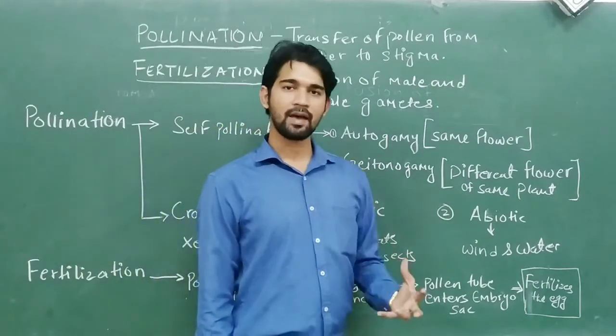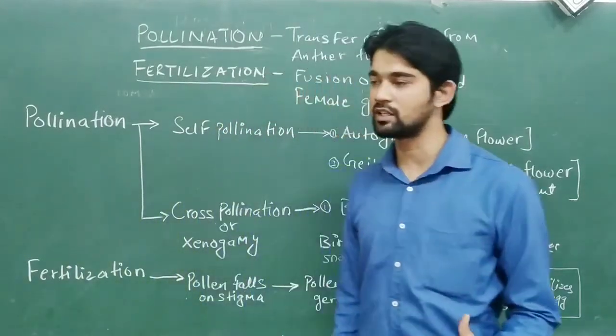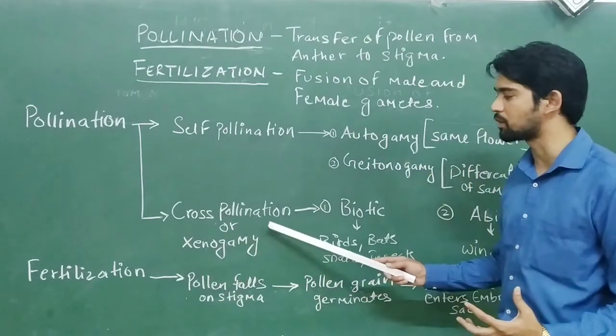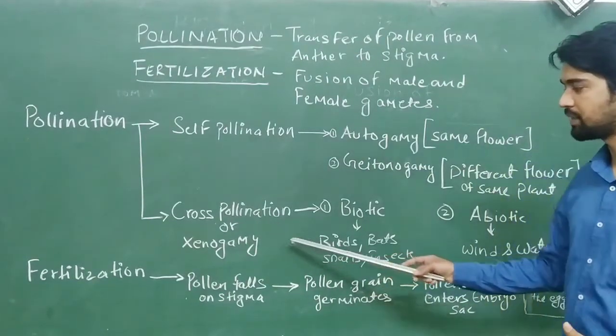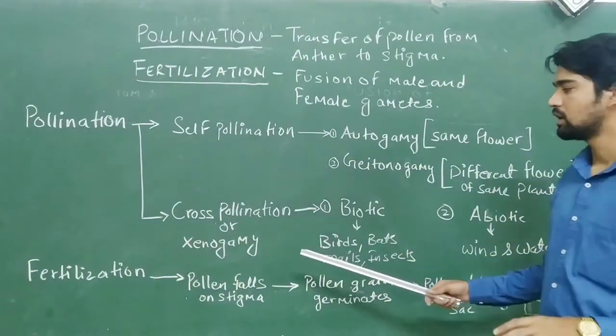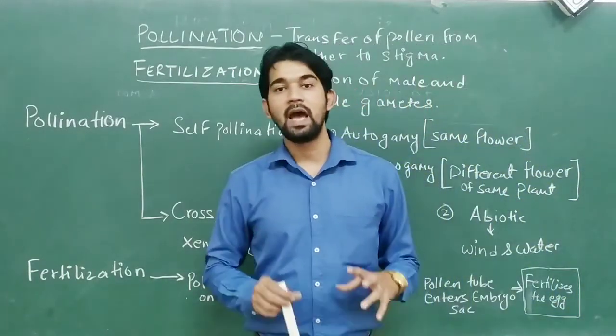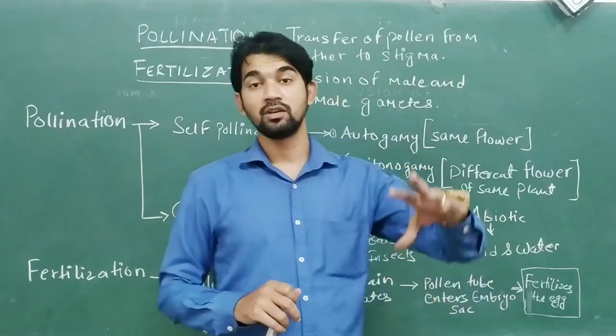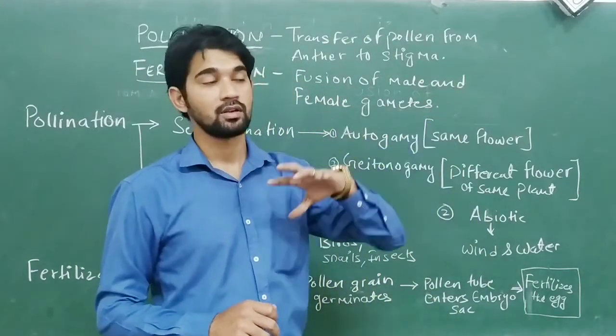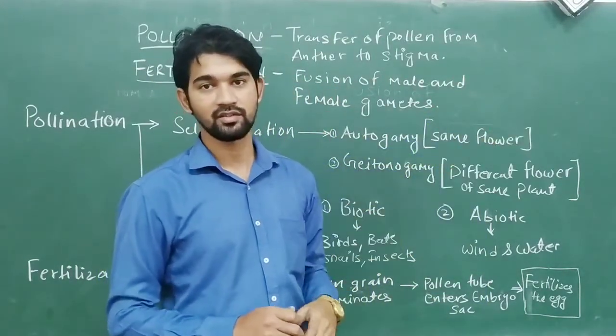But there is another type of pollination, which is known as cross-pollination or xenogamy. Xenogamy is when pollination happens between different plants of the same species.